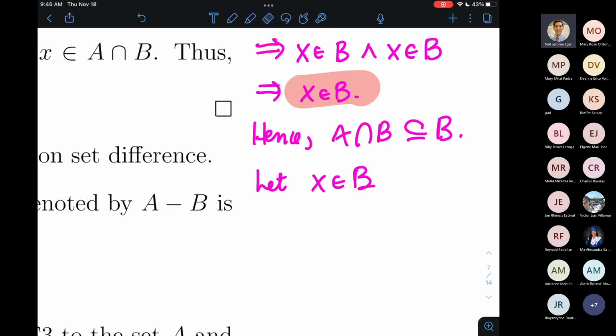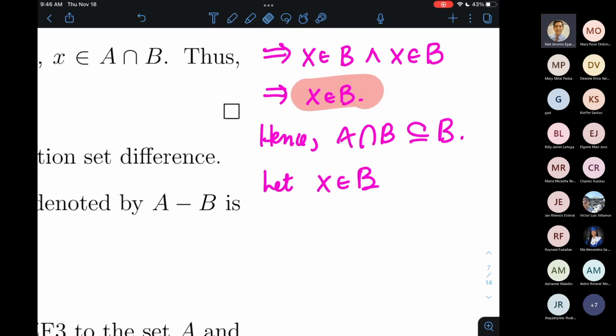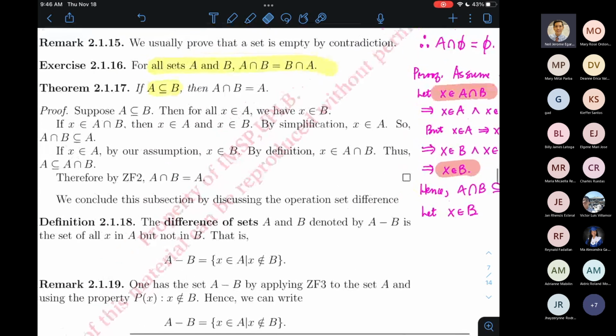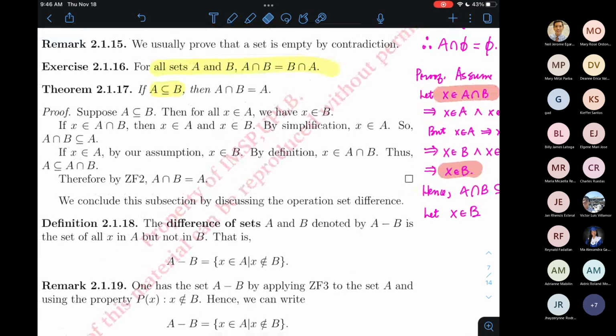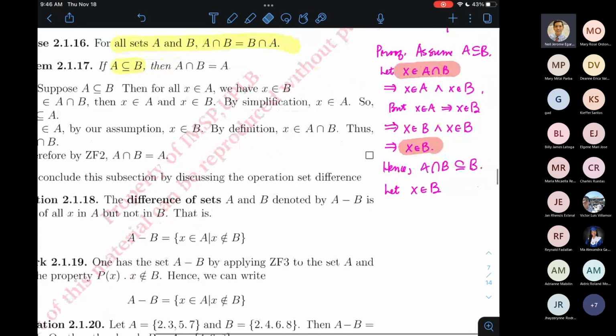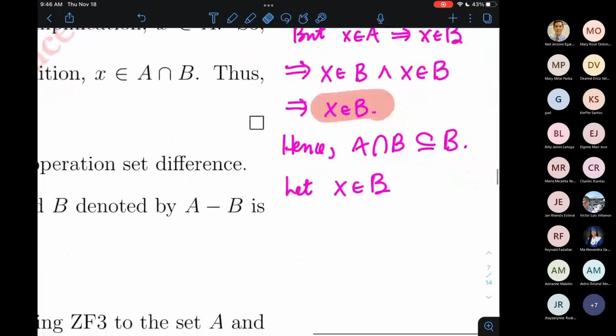Or actually, hindi pala. Sorry. Hindi, tama. Equality yung gusto nating ipakita, no? Okay. All right. So now, how can we show that B is a subset of A intersection B?